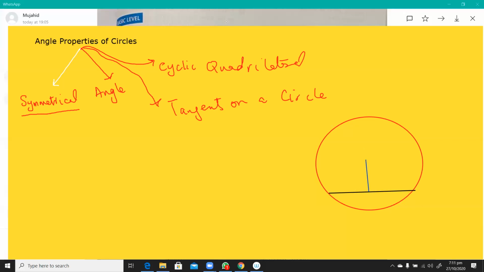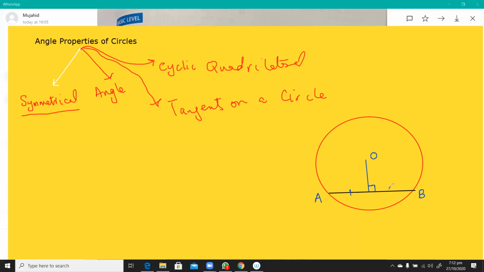First, you must know what a chord is. A chord is a line segment that joins any 2 points on the circumference. Like this, AB is a chord, and this is the center O over here. Now the property says that if you draw a perpendicular onto the chord, it is bisected.